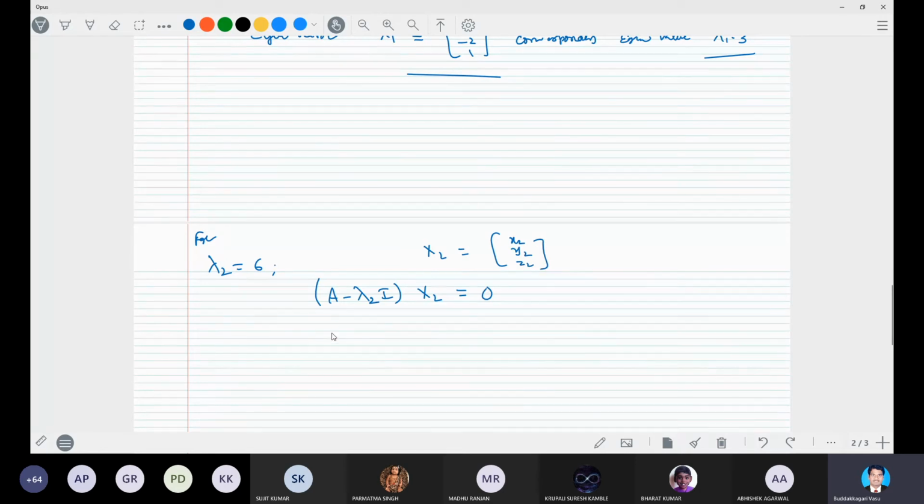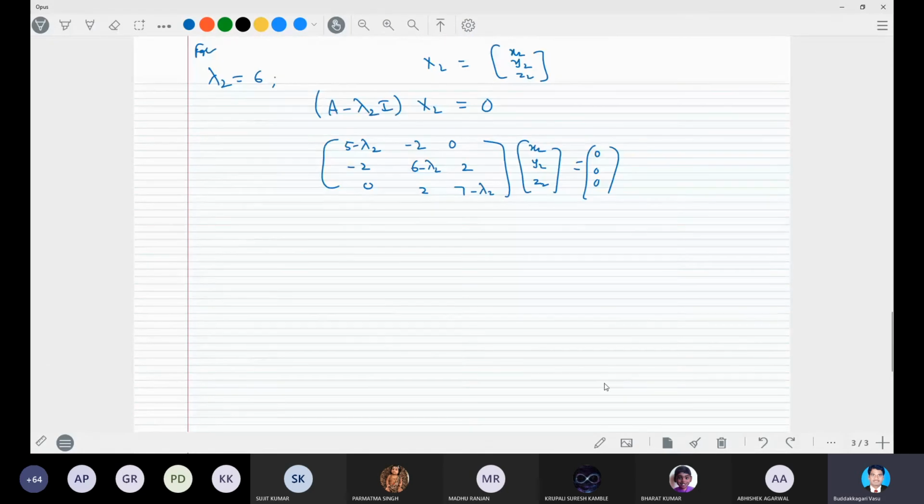So therefore it will be 5 minus lambda 2, minus 2, 0; minus 2, 6 minus lambda 2, 2; 0, 2, 7 minus lambda 2, into x2 y2 z2 is equal to 0 0 0.